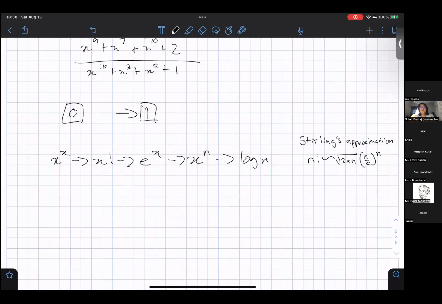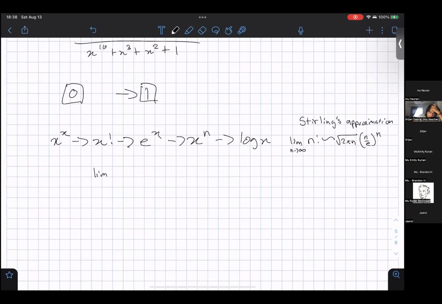This is something you definitely won't need for AP Calc, but it's useful to remember when you're thinking about how fast each of these functions grows, and this often shows up in limit problems. All this basically means is that if you take the limit as n approaches infinity of n factorial over this monstrous expression, the square root of 2 pi n times (n over e) to the n, this is just equal to 1.